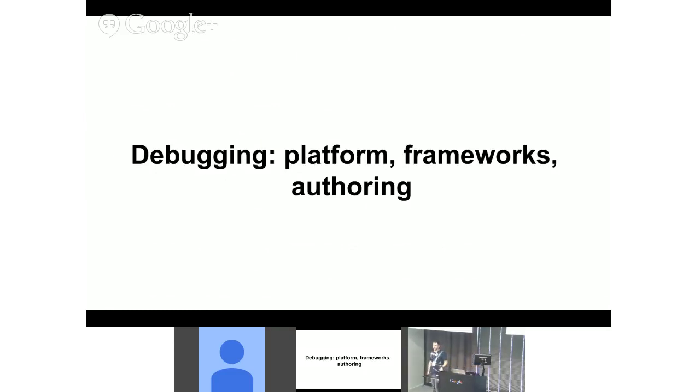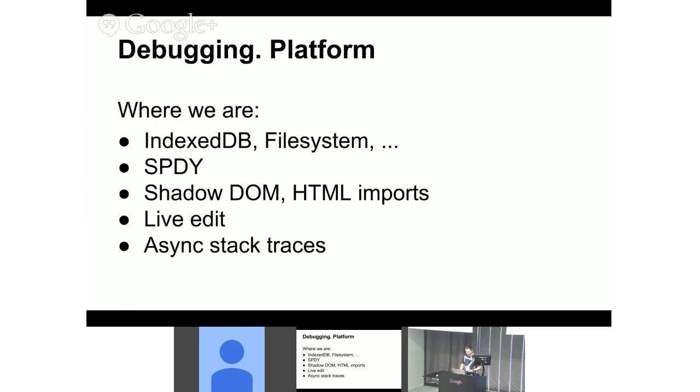The last one is debugging, and that's sort of authoring, frameworks, platform, everything. We have a lot of features covered by the debugger. In Blink, things like IndexedDB, file system behind experiment. We've just completed supporting SPDY so that it was on par with HTTP.